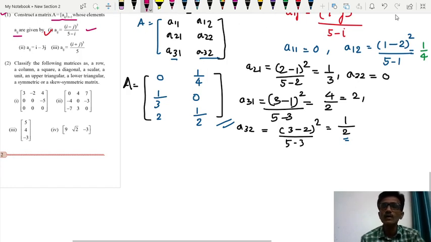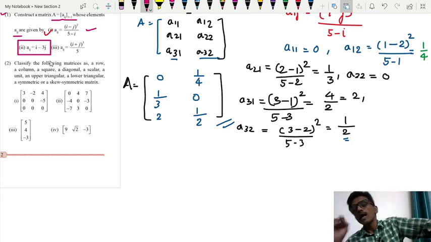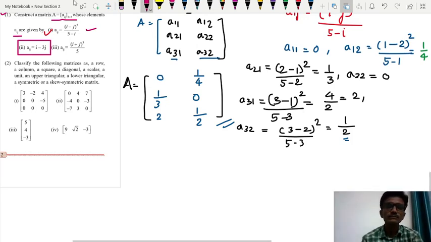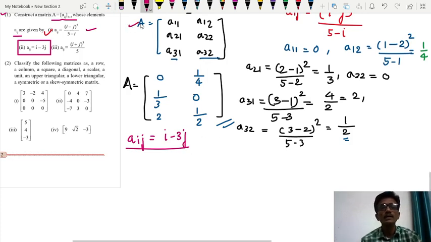This is the formula for Aij, that is Aij is equal to i minus 3j. So we use this formula and construct this matrix of order 3 by 2, 3 rows and 2 columns.